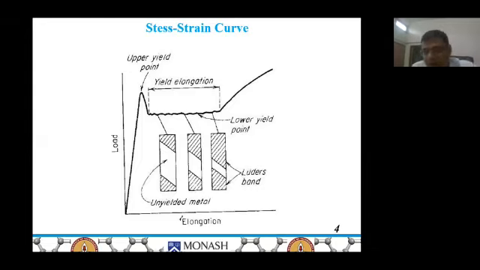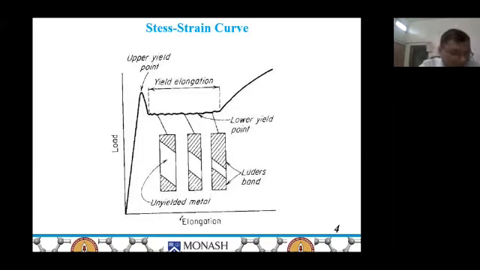In the usual case, several bands will form at several points of stress concentration, and these bands are generally at 45 degrees. Here you can see these bands are formed at 45 degrees.